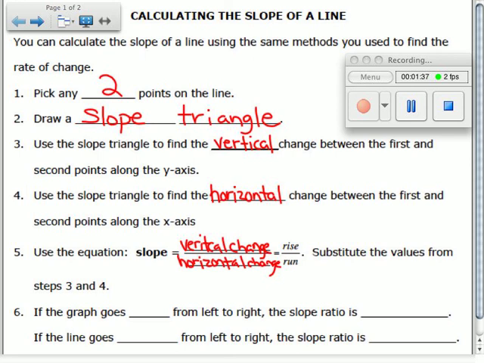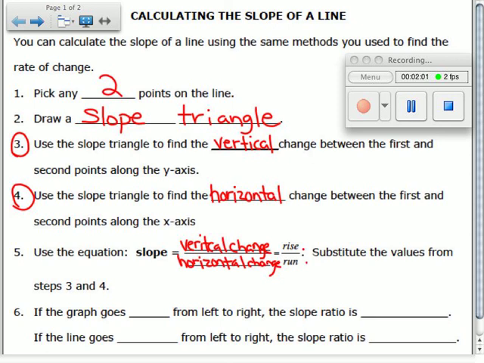That's the shortcut, and that's the way that most people will refer to it. We're going to substitute the values from steps 3 and 4 here. Step 3, the vertical change, and step 4, the horizontal change, right into this fraction. So right in for the rise and right in for the run.